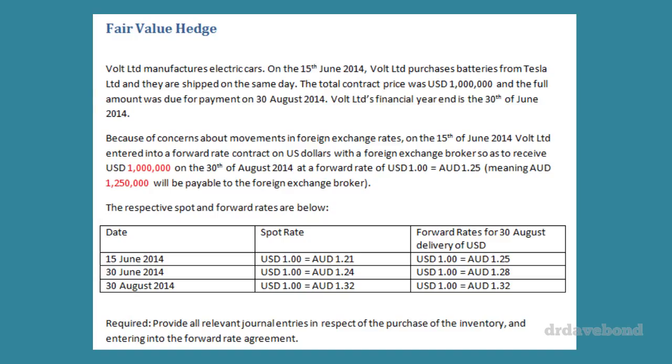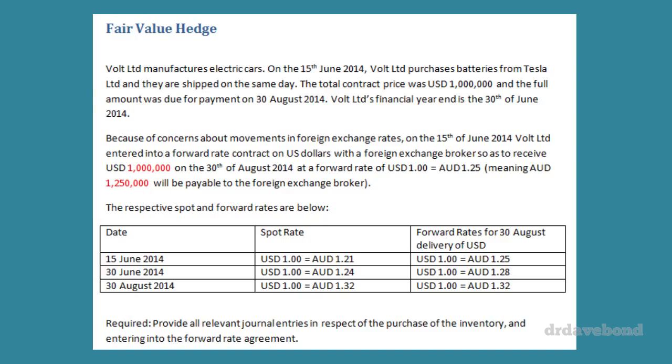And on the 30th of August, we're going to receive, and I'm using receive loosely there because we're not actually going to get it. So you can see, because we've locked this in, this is happening all the time.